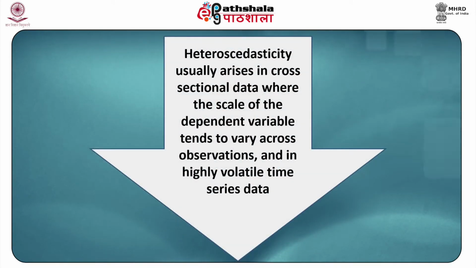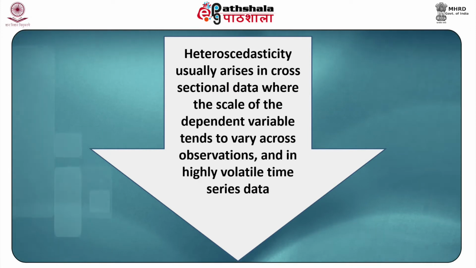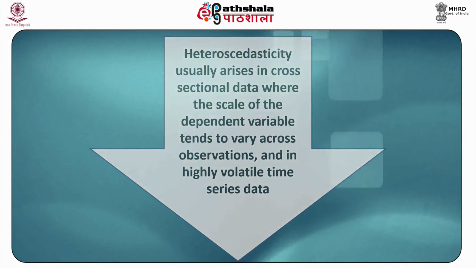Heteroscedasticity usually arises in cross-sectional data where the scale of the dependent variable tends to vary across observations and in highly volatile time series data. It is less common in other time series data where values of explanatory and dependent variables are of similar order of magnitude at all points of time.